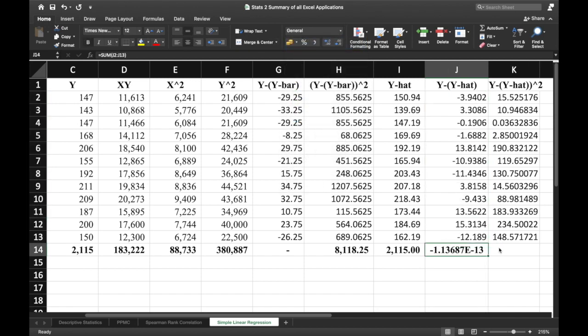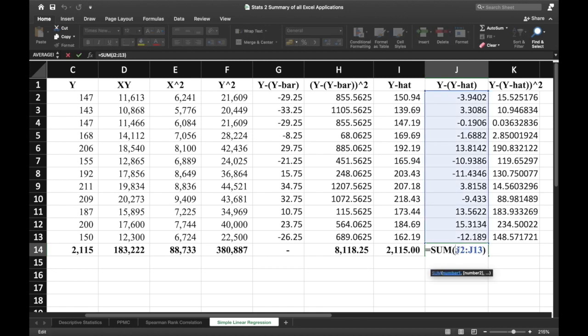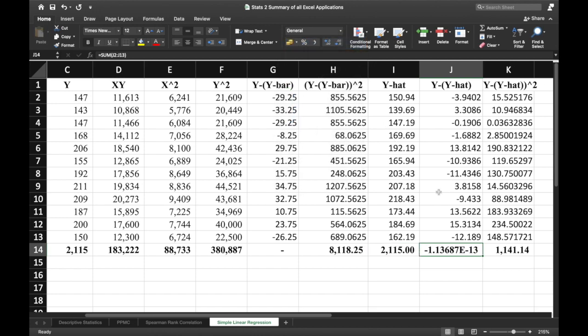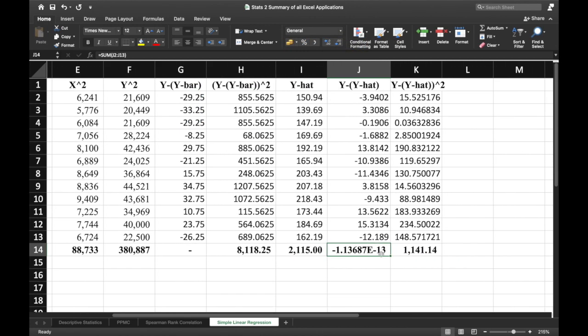Okay. Zero na yan. That means that is zero dahil sobrang layo. Then, paste na rin dito, guys. Pag general mo siya, ayan, sobrang laki ng exponent, negative 13. So, 0 na yan, value.